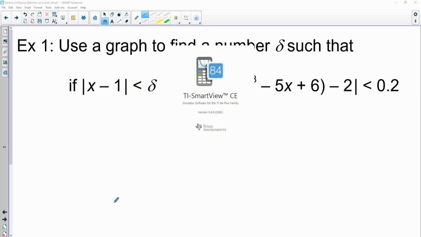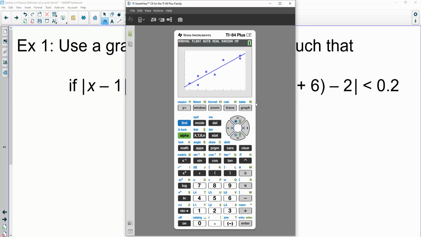So how do we get an epsilon? On this, if you have scatter plots turned on in your graph, you need to probably turn those off.